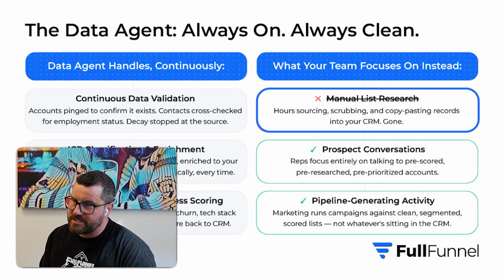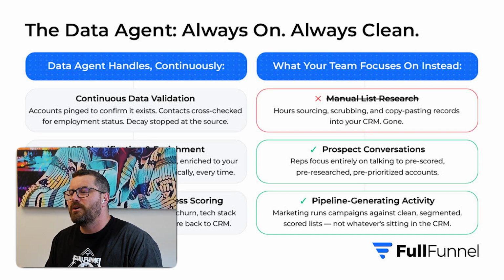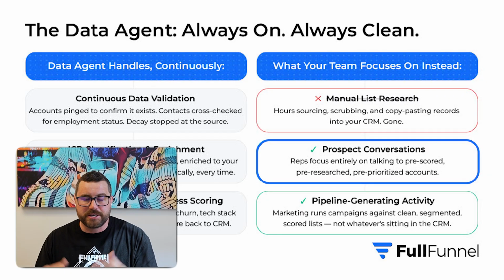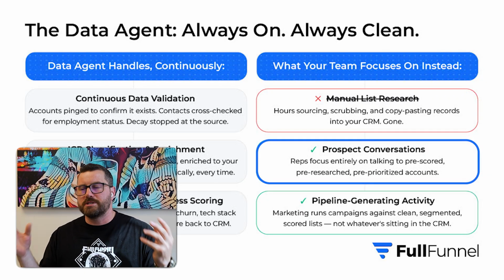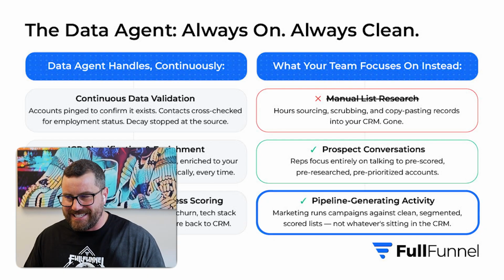That means your sales team is going to focus on no manual list research, none of that. What they're going to be focused on is actually talking to prospects. Like your SDR role, the thing you pay them to do is talk to your prospects.